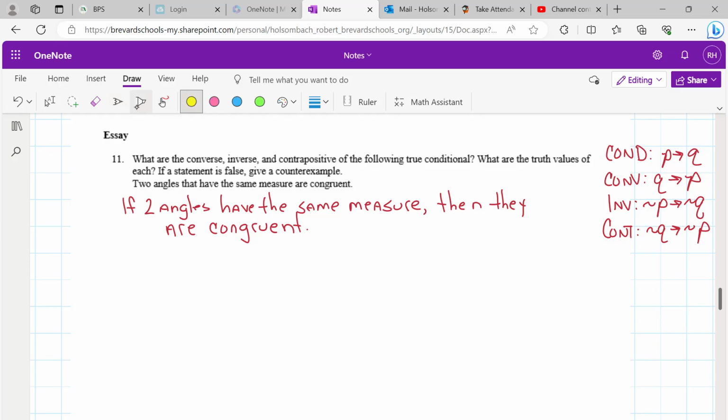I'm going to now highlight my hypothesis and I'm going to highlight the conclusion.